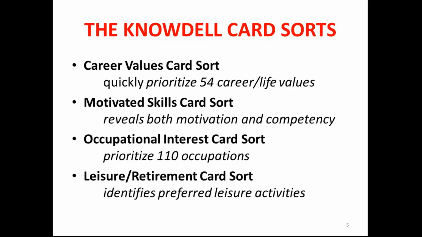The third card sort is the occupational interest card sort, where the client prioritizes 110 occupations in order to come up with a handful that are most interesting to them. And finally, the leisure retirement card sort, which identifies preferred leisure activities for the client.